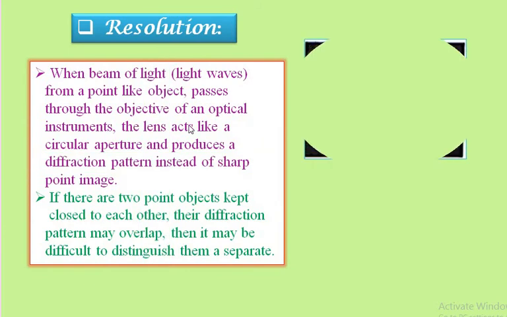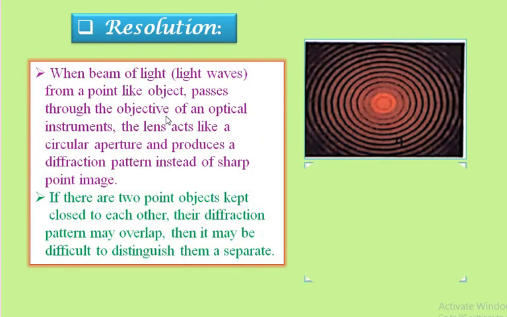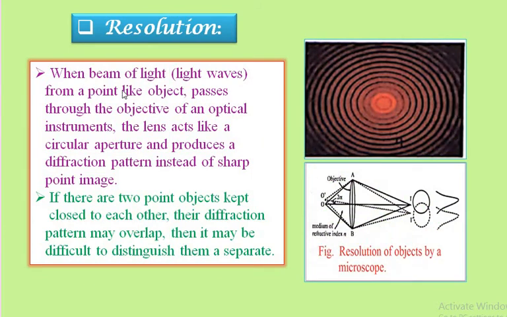Let us see the general information. When a beam of light, that is light waves, from a point-like object passes through the objective of an optical instrument, the lens acts like a circular aperture and produces a diffraction pattern instead of a sharp point image.